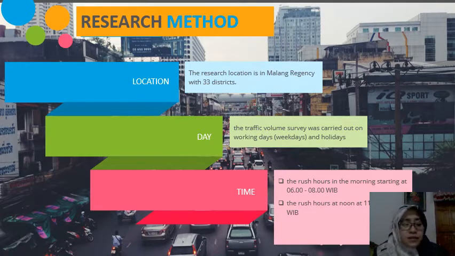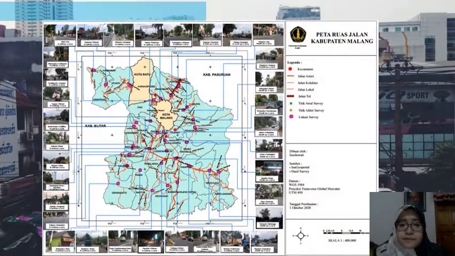The times are the rush hours in the morning from 6 until 8, the rush hours at noon from 11 until 13, and the rush hours in the evening from 16 until 18. There is a map of the research location with the 33 districts in Malang Regency.